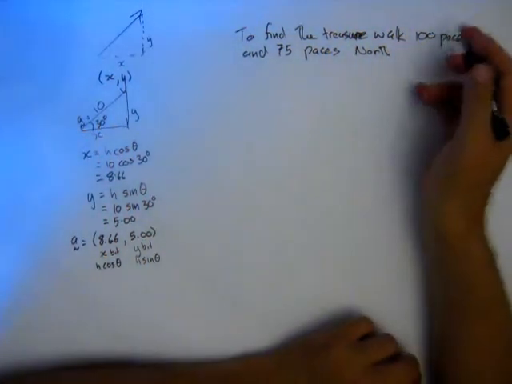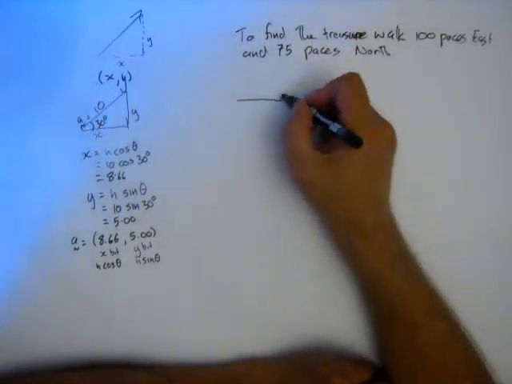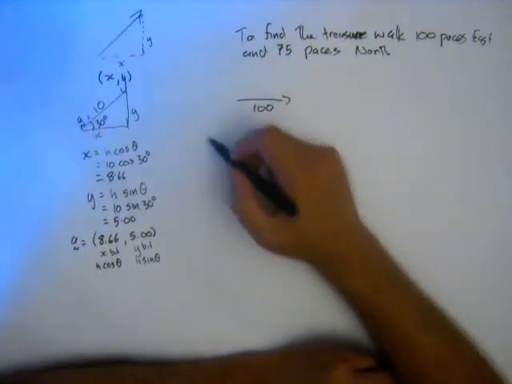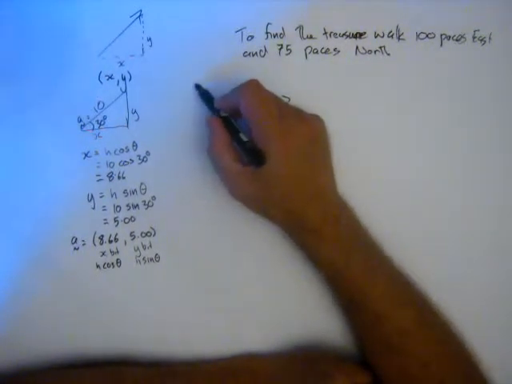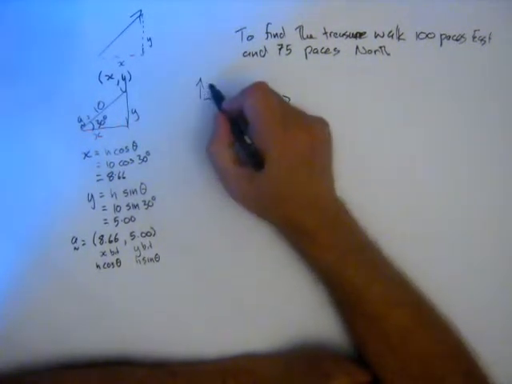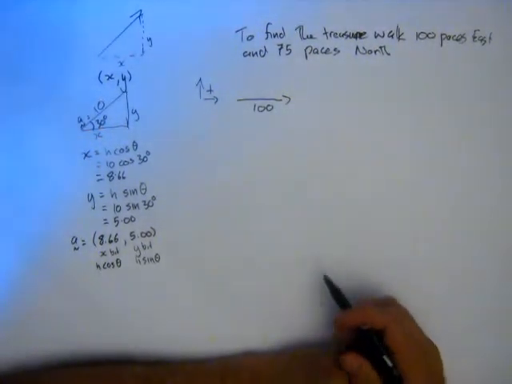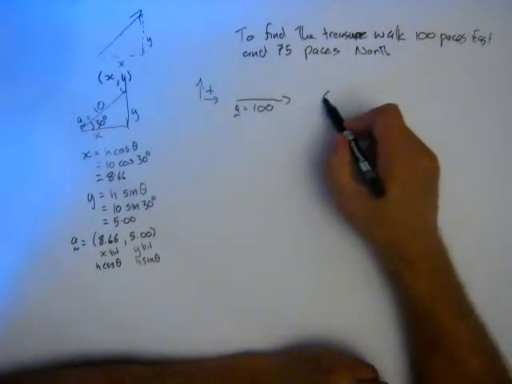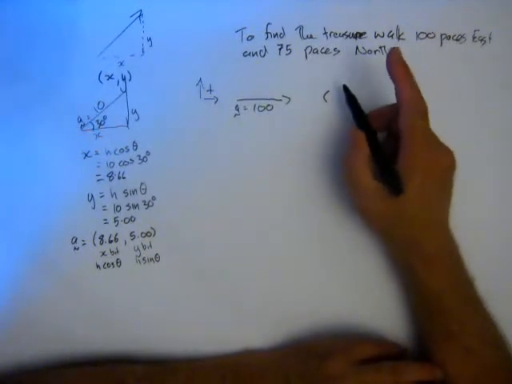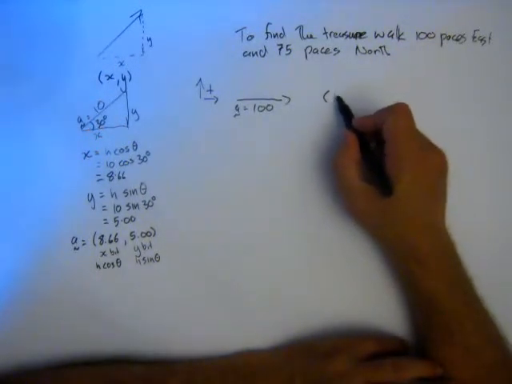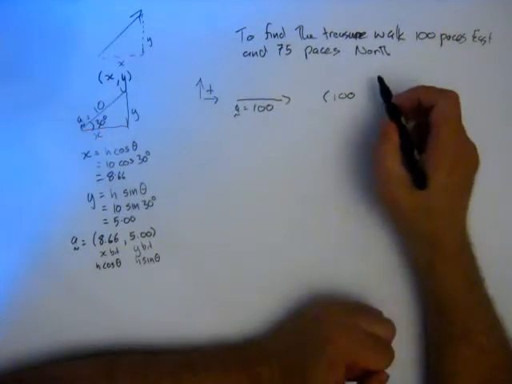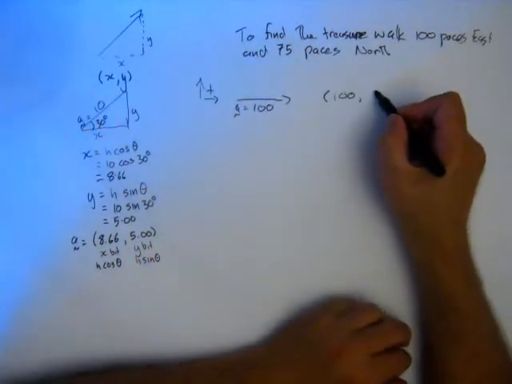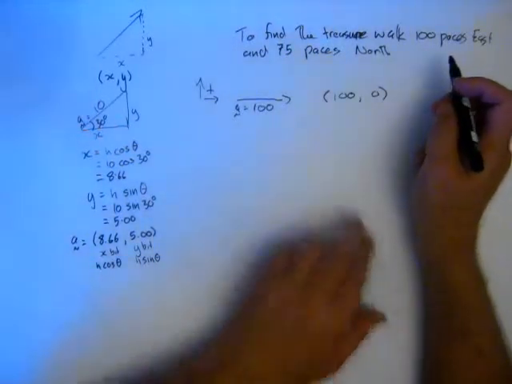So the first vector is going to be 100 paces this way. Remember, as a rule, up and to the right are both positive. So this is A, and this vector is going to equal 100 paces, 100, and it doesn't go up at all, so there's zero y component.